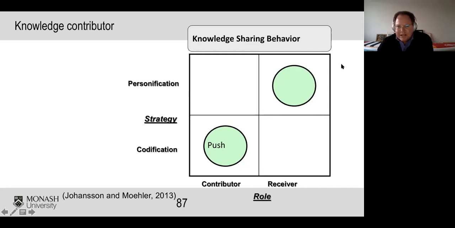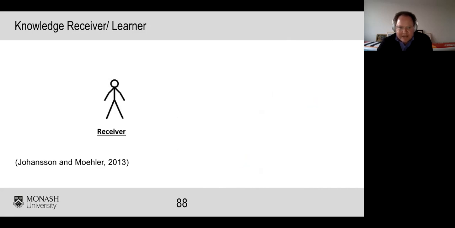Who could I talk to? So they were actually interested in personification. They wanted to talk. They were looking for answers from people, not in the repository. So it looks quite simple, but the key here is they're pulling information and they're pushing information, right? Those are different strategies, and it's a mismatch. We had that repeatedly, and the key is, of course, to align it.